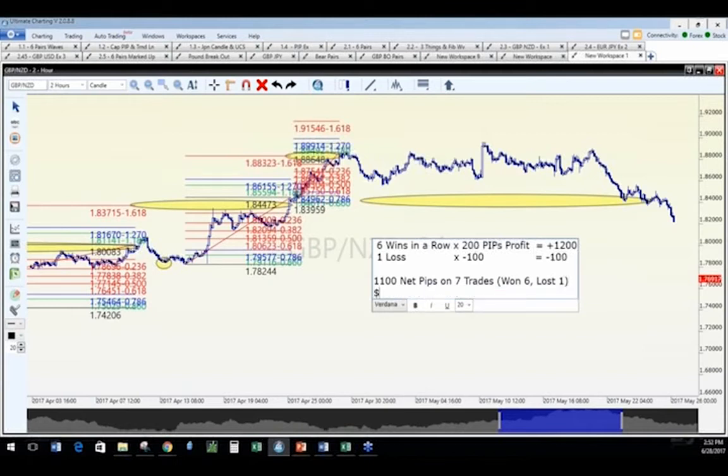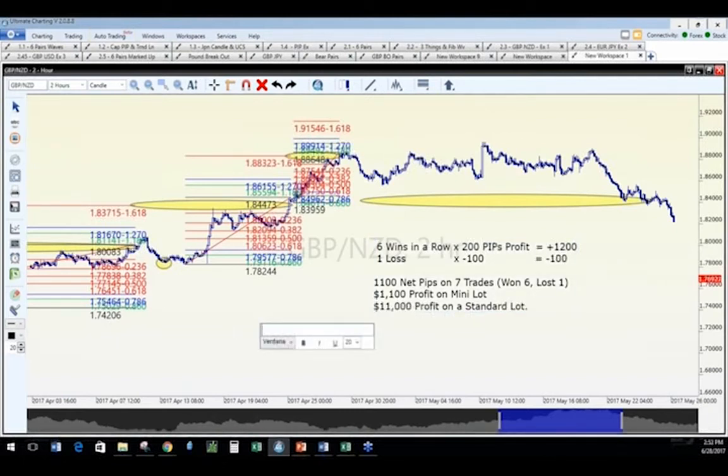If you were trading, this would be $1,100 of profit on a mini lot, and most people aspire to get to a standard lot. So this would be $11,000 profit on what we call a standard lot. Now, this is just one currency pair.